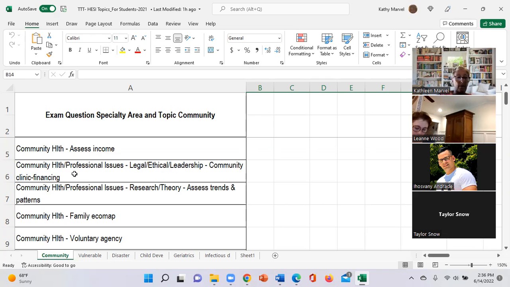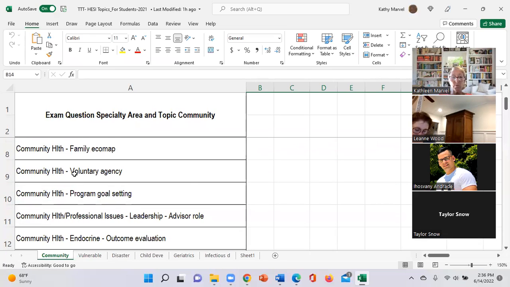And then line 8 is your eco map. So you need to know what your eco map is. I think that line 9, voluntary agency, is about partnerships, your passive partnerships, your active partnerships in the community. I don't know that.